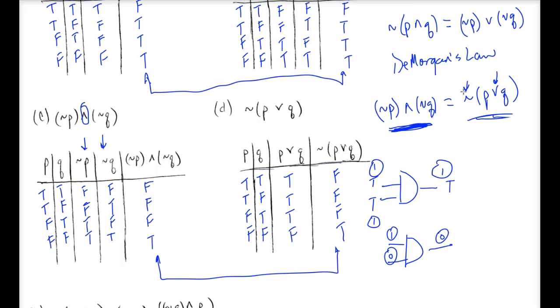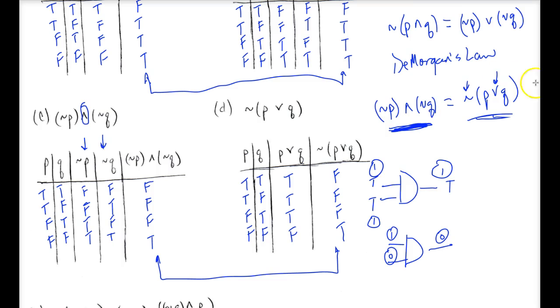So from a device standpoint, if I can design a circuit that has, for each block, only 2 connectives or 2 devices instead of 3, then I've saved 33% in cost because I've reduced everything by 1 device. So that's just one example of why DeMorgan's laws are important.